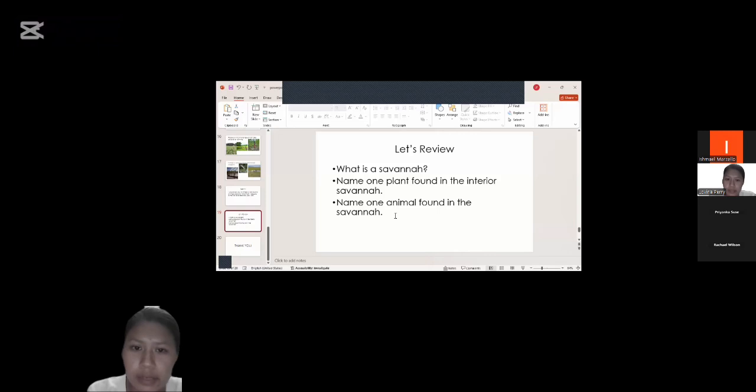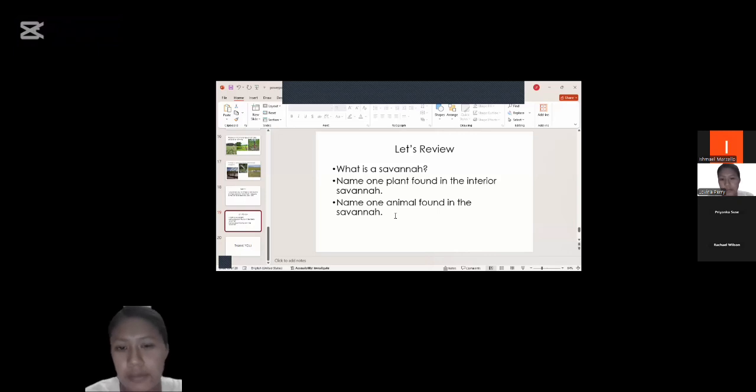So let us do a brief review here. We have 3 questions here. What is a savanna? Name one plant that you learned just now that is found in the interior savanna, and name one animal found in the interior savanna. So who would like to go ahead and answer the first question? What is a savanna? In your own words, describe it.